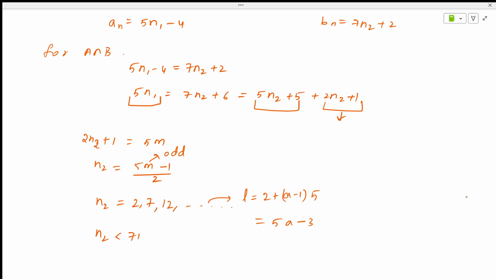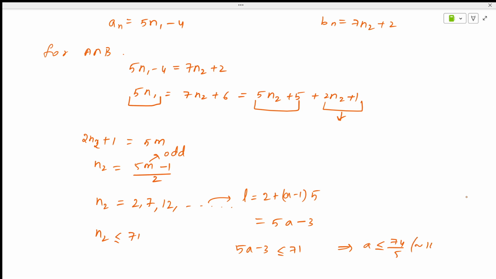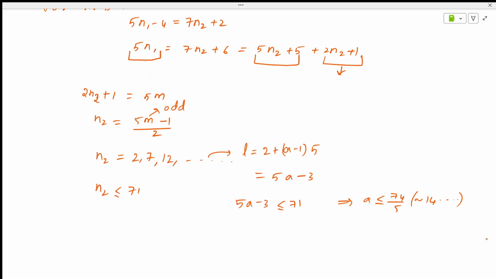This 5a minus 3 should be less than or equal to 71. So a should be less than or equal to 74 by 5, which is 14 point something. So a can take 14 values.